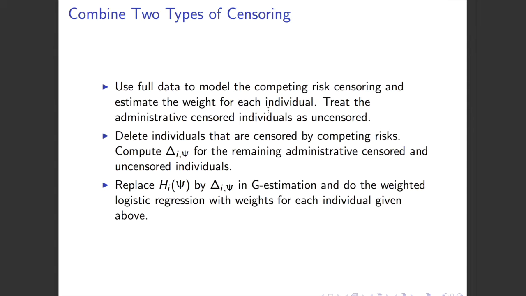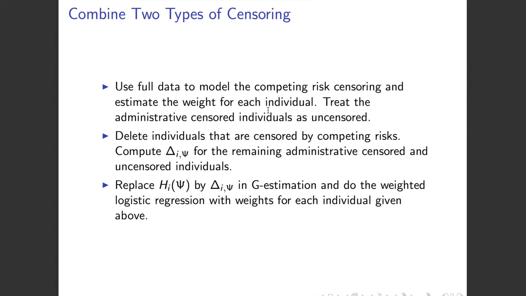Right, because we don't have the censored individuals in the final logistic regression, but we still want to represent them. And those weights we get by fitting the censoring model with all the censored data. That's how we adjust for that bias, I think.